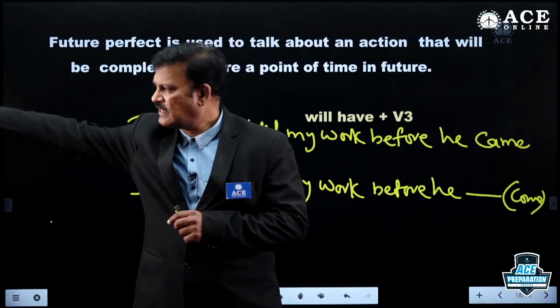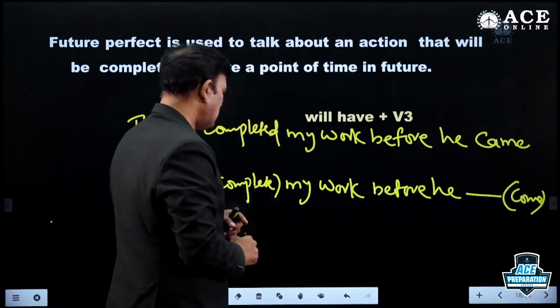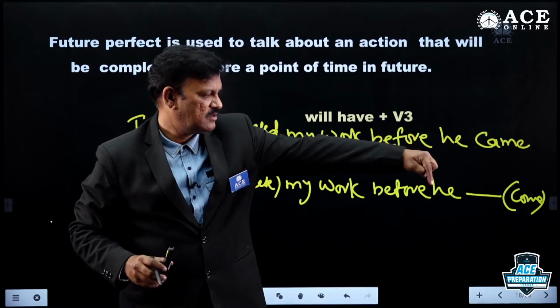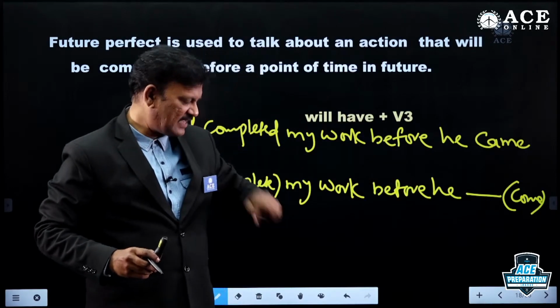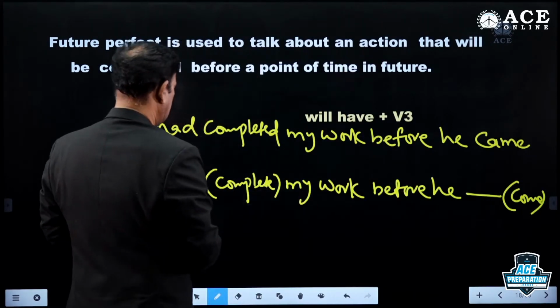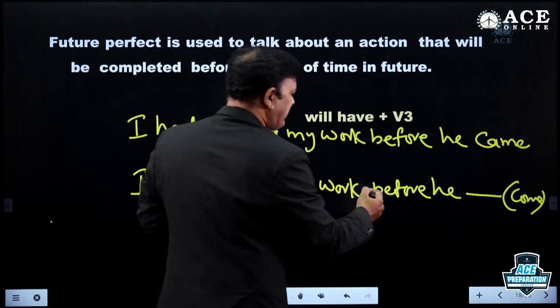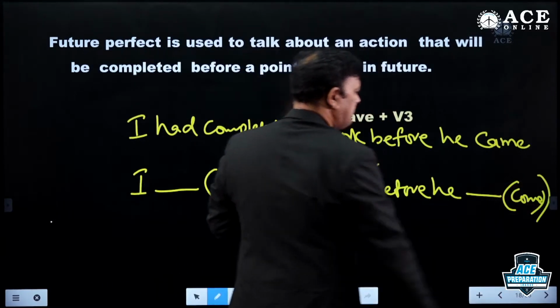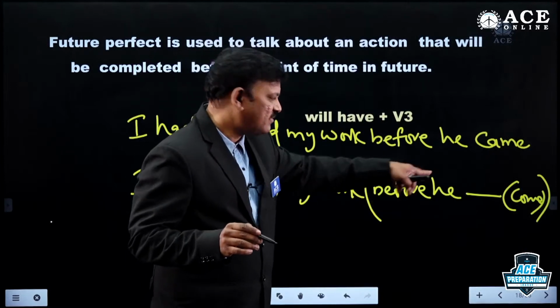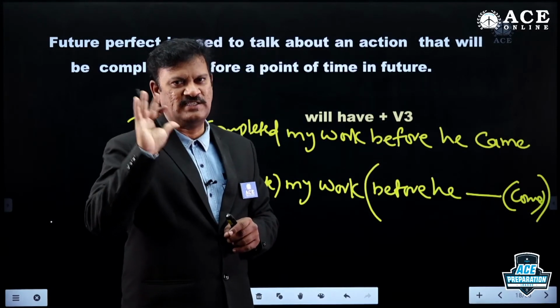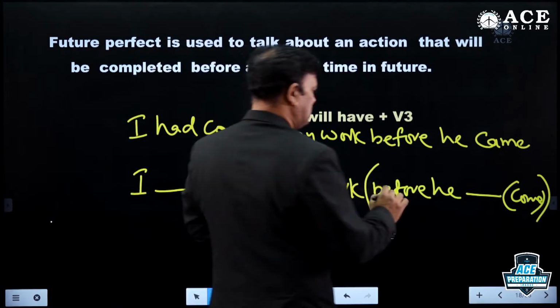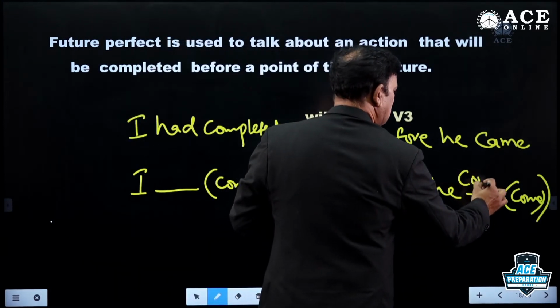Came, had completed. So, future. This is this part, and some action happened before that. So, where is the time factor here? This is the time. And remember, future time is always expressed with a present verb, simple present: before he comes.